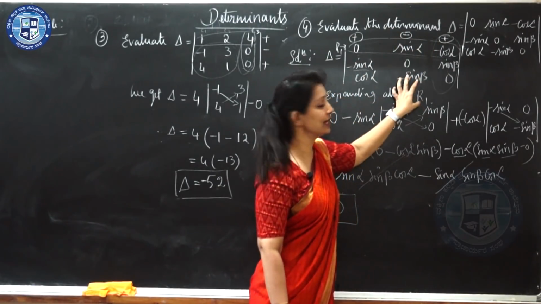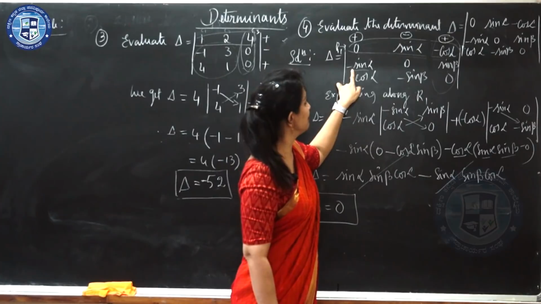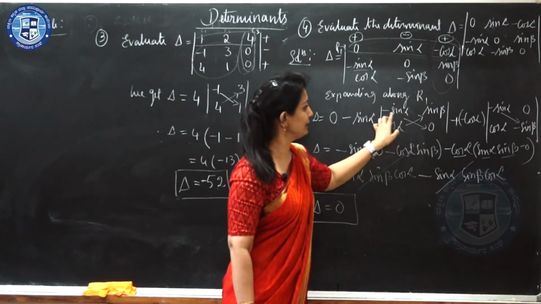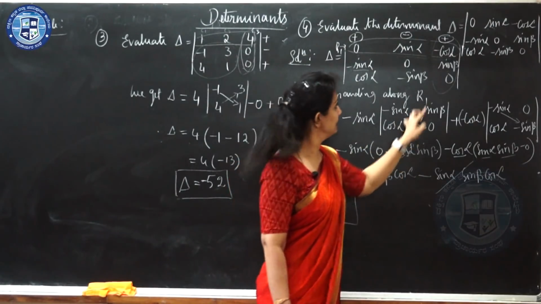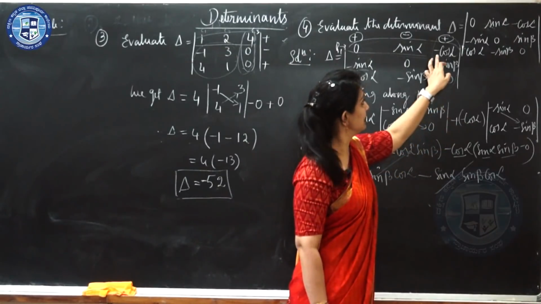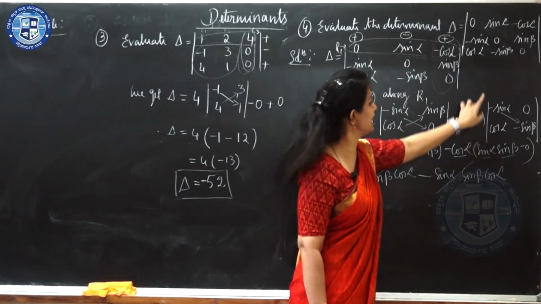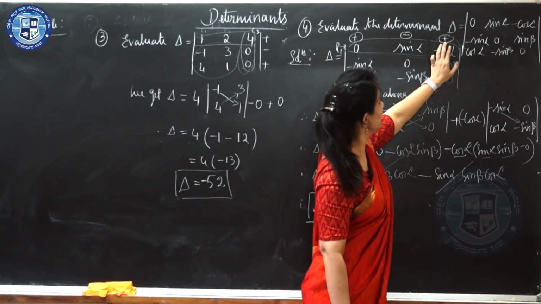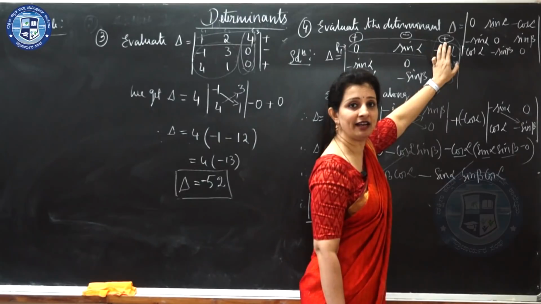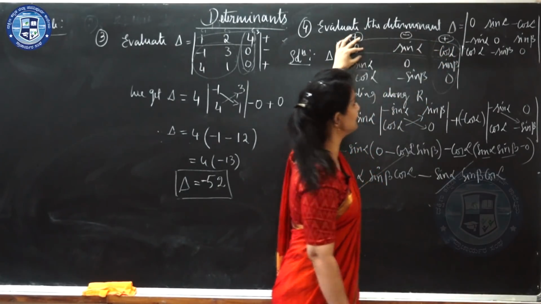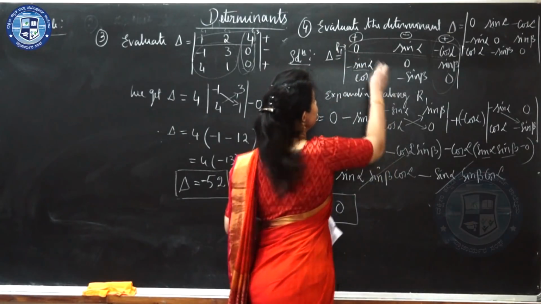First row and second column when you delete, remaining elements are minus sin alpha, sin beta, cos alpha 0. Cross multiply this, expand. Then the third element, position sign is plus, minus cos alpha is written as it is, into determinant of. Delete the row and column where minus cos alpha is. In the third column and first row, deleting that, 4 elements are formed.